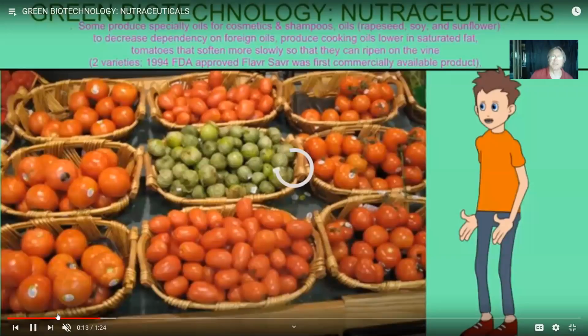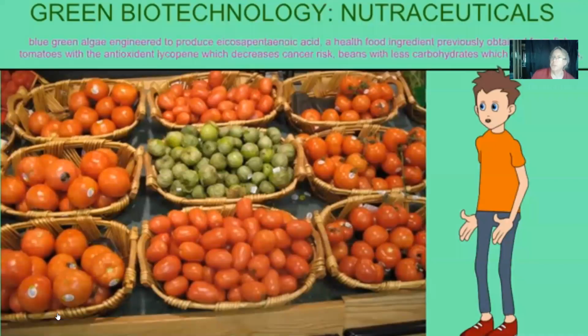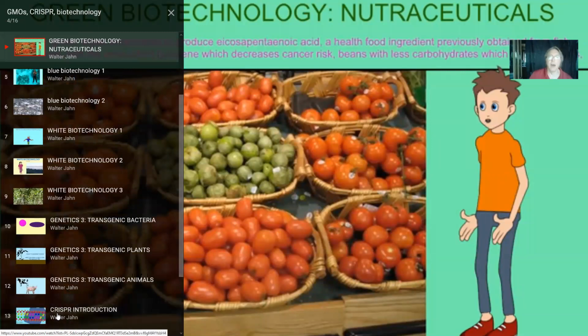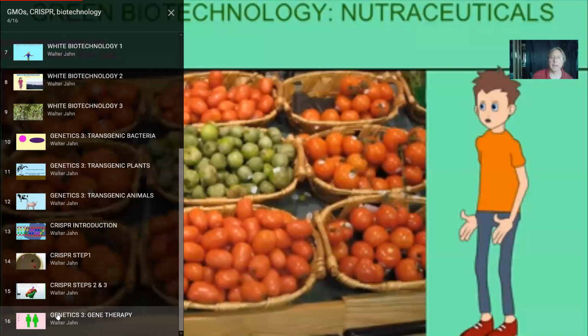Now, not only can one add new genes to bacteria, to plants, to animals, one can also add new genes to humans. Certainly, there are science fiction stories where this leads to horrible ends. But there are lots of people who suffer from a genetic disease. They are lacking the ability to make a gene that most people can.